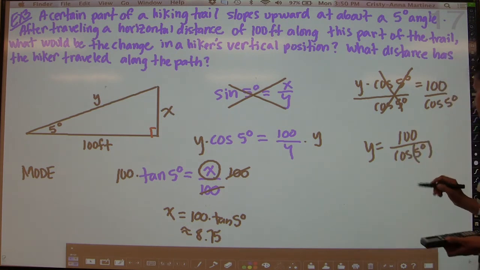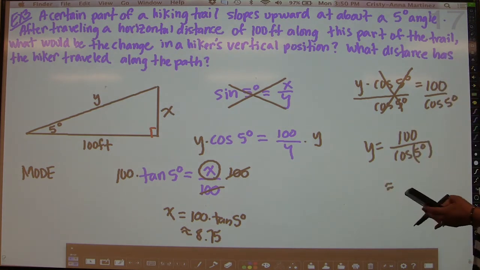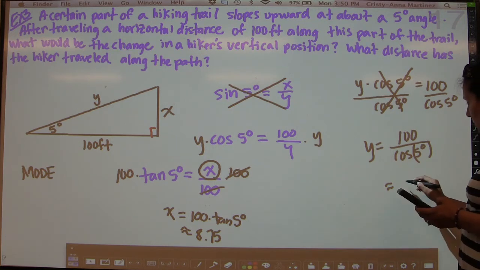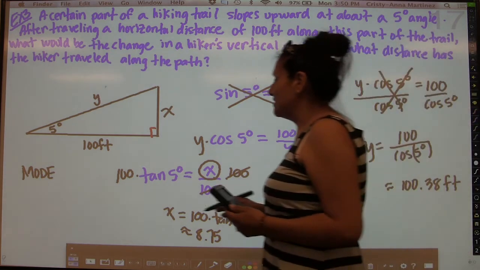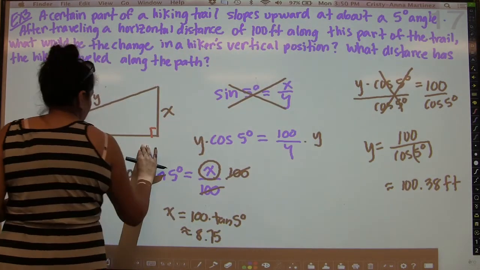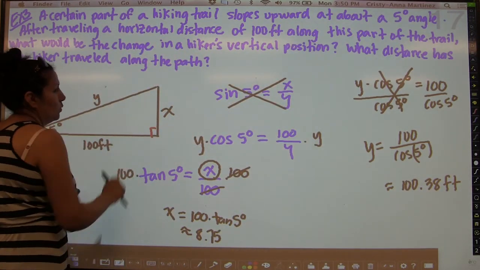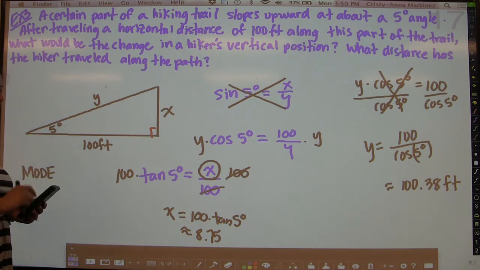But we need you to put that in the calculator. So we're going to enter 100 divided by cosine, and then the parenthesis opens up, we put a 5 in there, and then we close that, and you get 100.38 feet. So the horizontal distance was 100 feet, but the actual distance was 100.38, slightly longer because of that angle of elevation there.